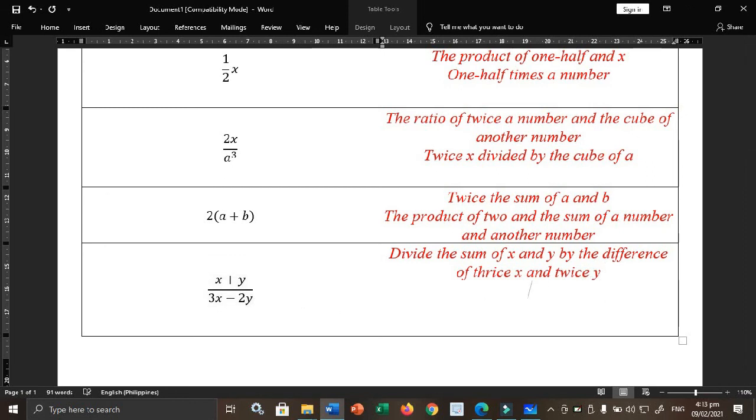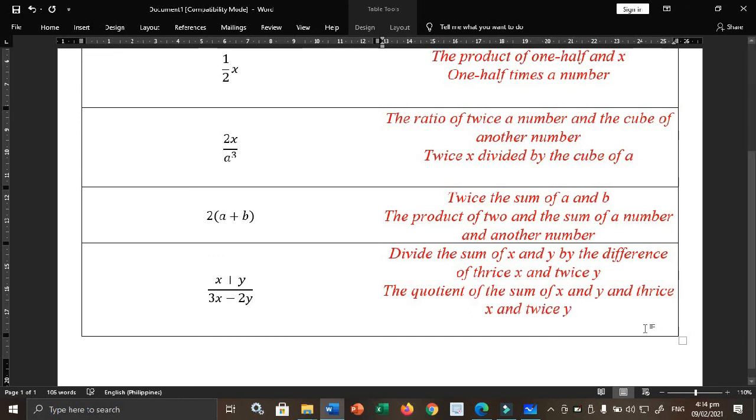Pwede din naman natin sabihin na the quotient of the sum of x and y and thrice x and twice y.